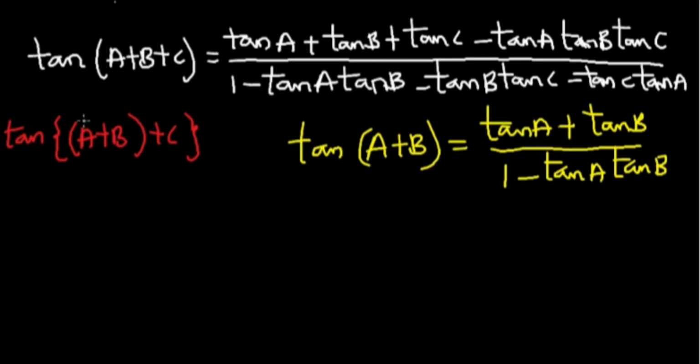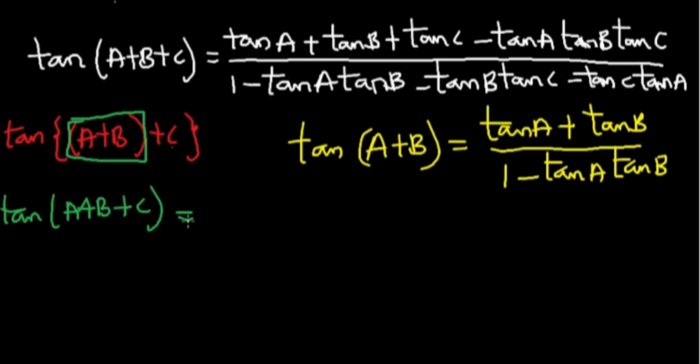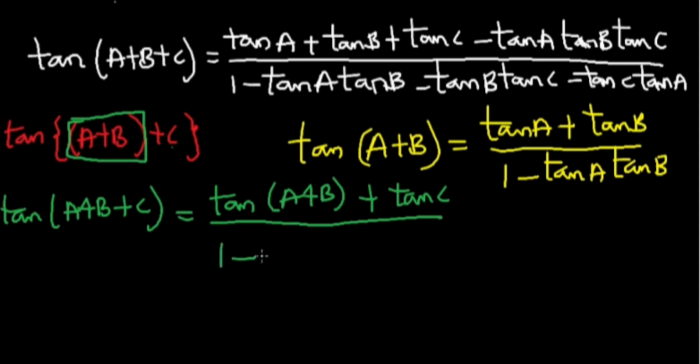So now we assume that A+B is just a single variable, with C. So what we do now is tan(A+B+C), where I'm considering A+B as a single thing, will be (tan(A+B) plus tan C) over (1 minus tan(A+B) tan C).